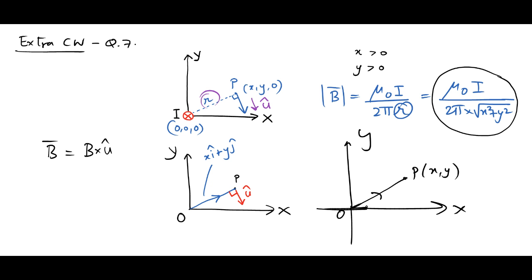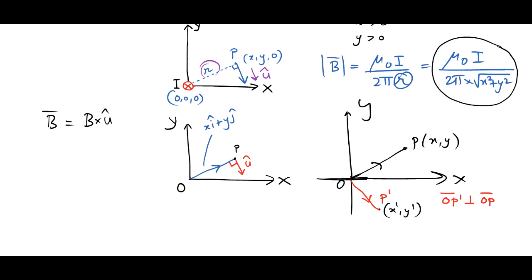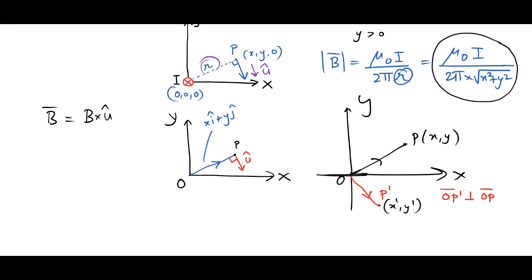Now assuming that x and y are in the first quadrant as I've shown them, if I'm able to find any point over here whose coordinates are, let's say, x dash and y dash, and this point I'll call P dash, such that this vector OP dash is perpendicular to the vector OP, and of course I want OP dash to be in the correct direction.